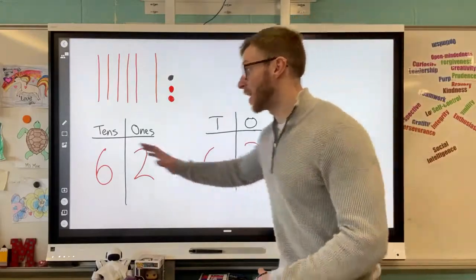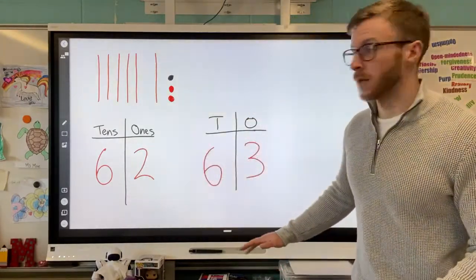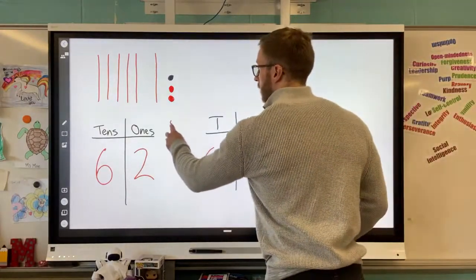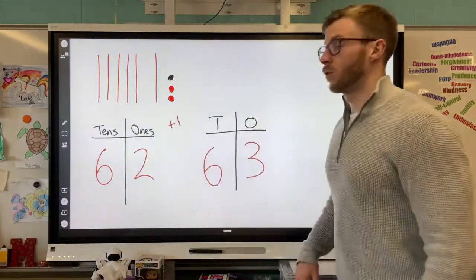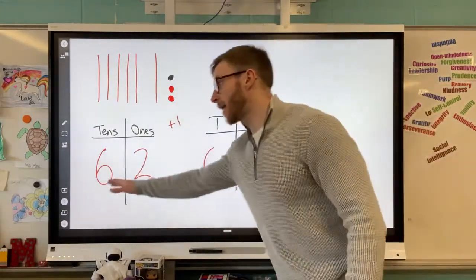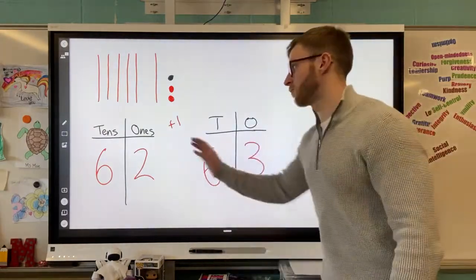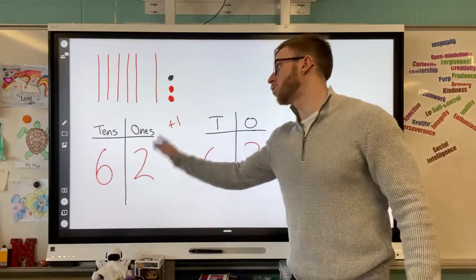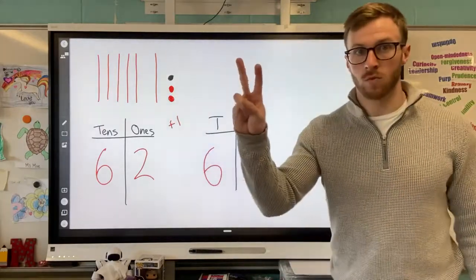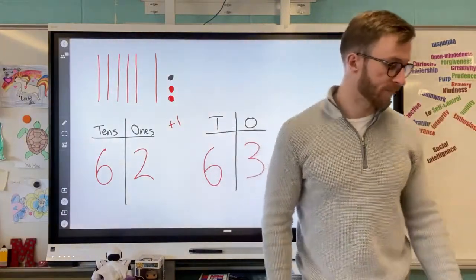Okay, our 10s place did not change. We only added 1, which means we don't need to add 1 10, so our 10s stay the same. And our 1s place changed from 2 to 3 because we did 2 plus 1. 2 plus 1 more equals 3.